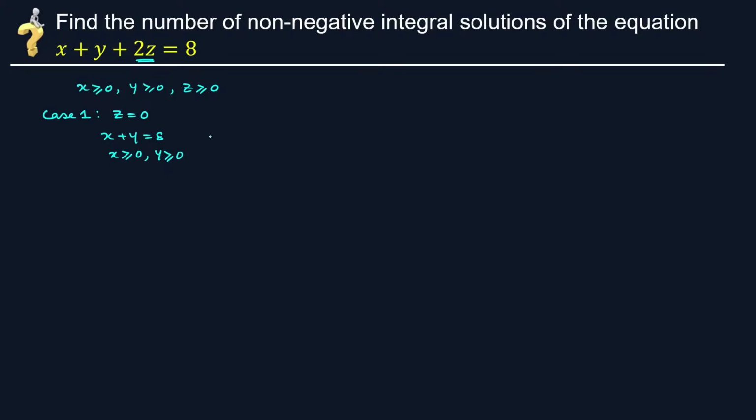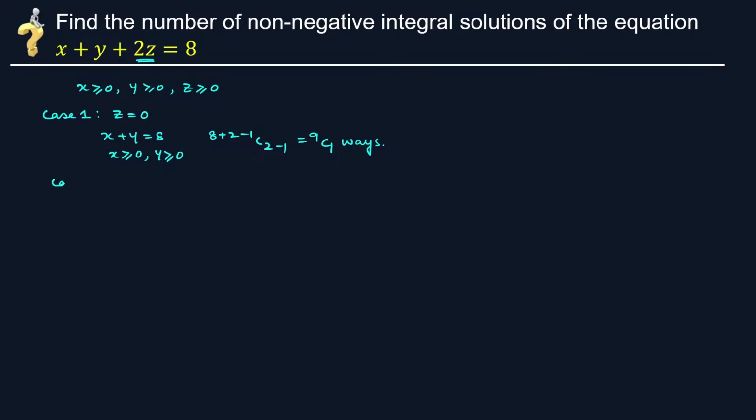And in that case, the total number of solutions is basically 8 plus 2 minus 1, C2 minus 1, that is 9C1. Is it clear? In all these 9C1, that is 9 ways, z is 0, and x and y can take all possible combinations such that their sum gives us 8.